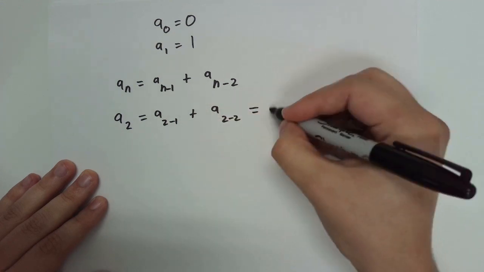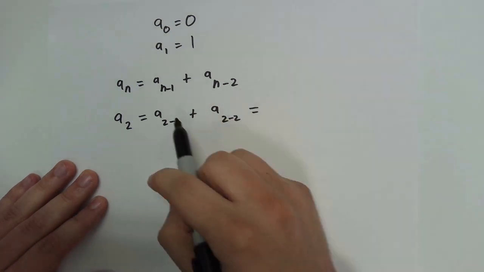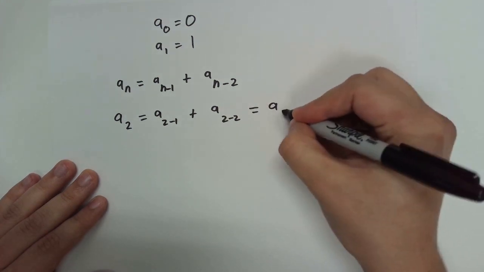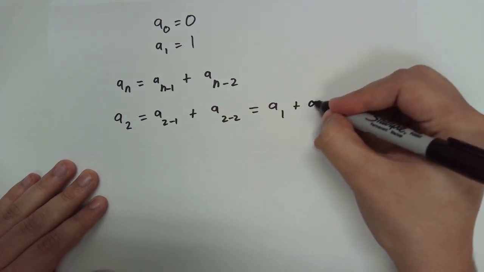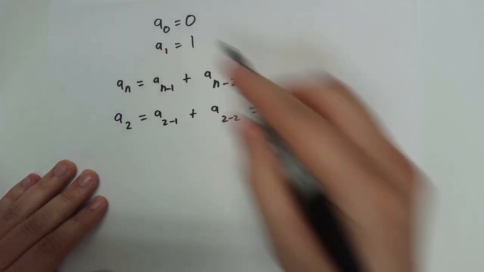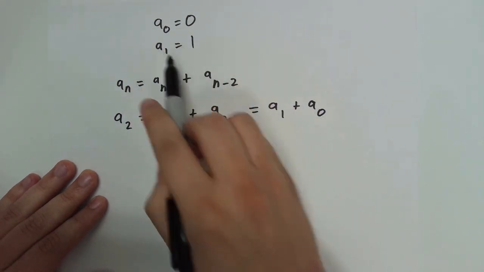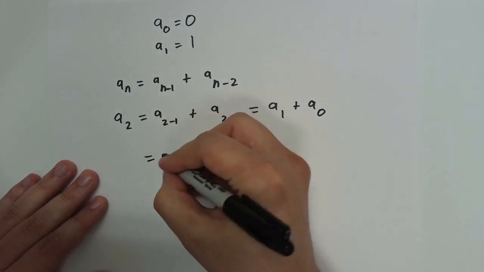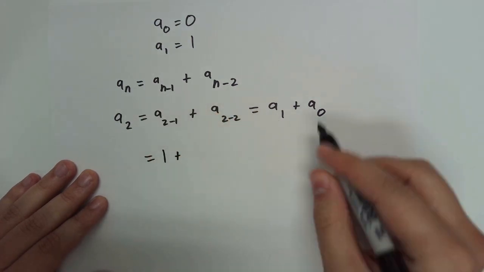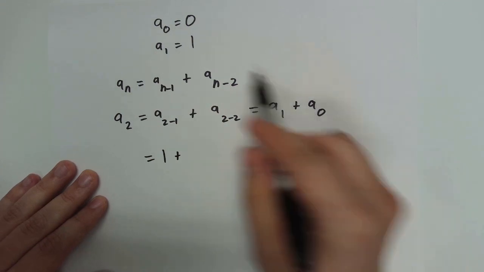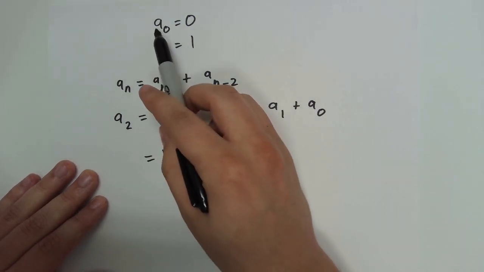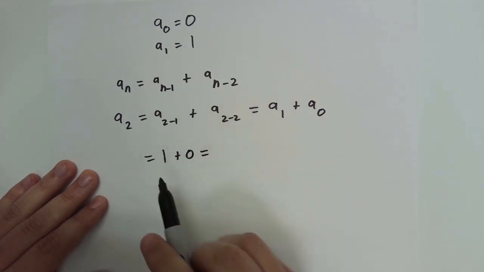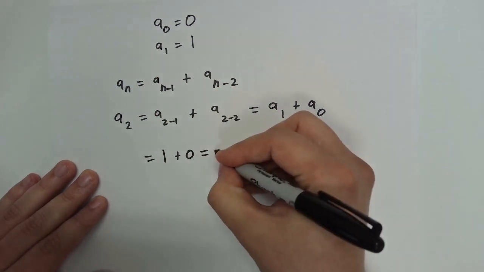If we solve these little subproblems, we'd have a sub 1 plus a sub 0. Now if we substitute in a sub 1, because we know a sub 1 is 1, we can say it's just 1 plus a sub 0. We know what that is. We defined it up here. A sub 0 is 0. So now we have 1 plus 0 is 1.